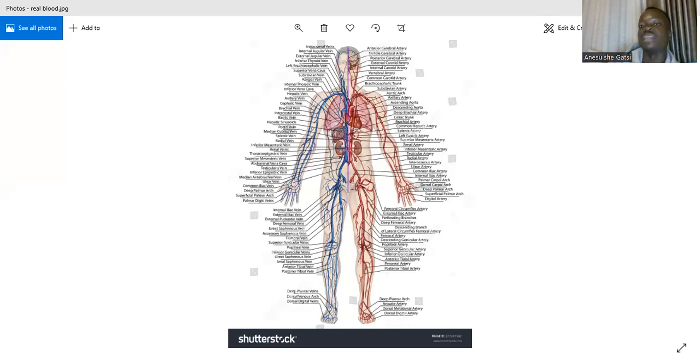So there's deep temporal arteries, you have muscular branches for the lateral pterygoid, the medial pterygoid, and the masseter. So you basically get branches to the muscles of mastication from the second part of the maxillary artery. Then from the third part, you get pharyngeal branches, you get greater palatine and lesser palatine branches, sphenopalatine branches, posterior superior alveolar branches, right?